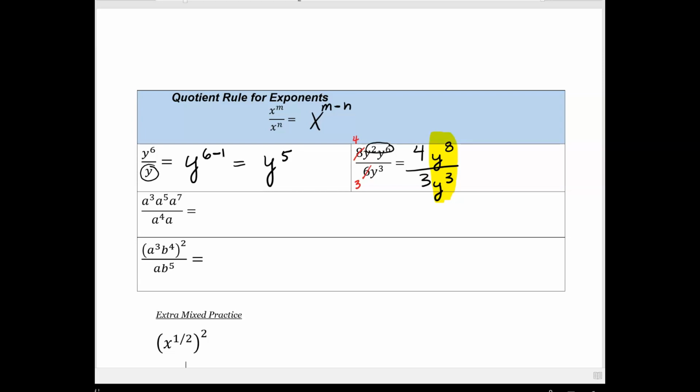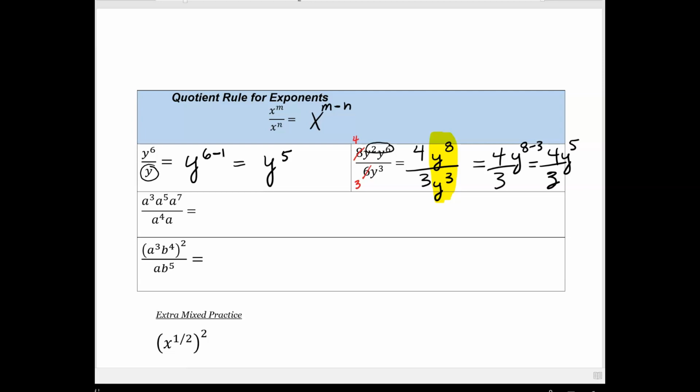Since this is division, when we're dividing the same base, we subtract. So y to the 8th minus 3, which is 4, y to the 5th over 3. So you can write it as 4/3 times y to the 5th or 4y to the 5th over 3. It's the same.